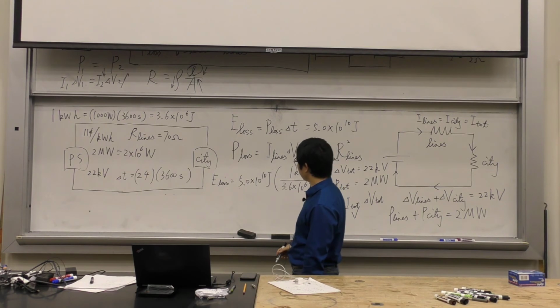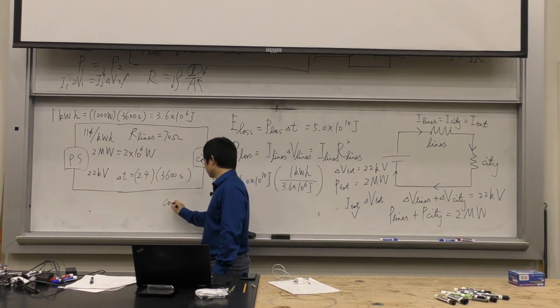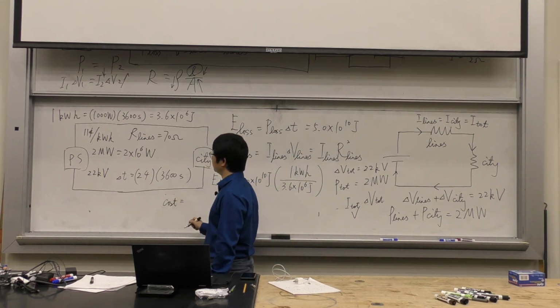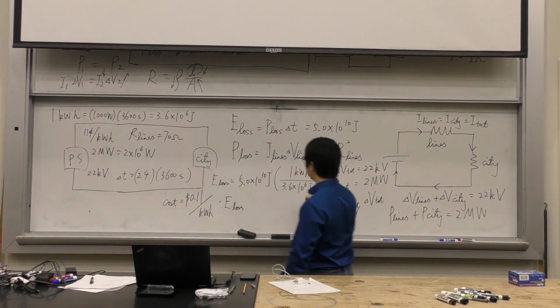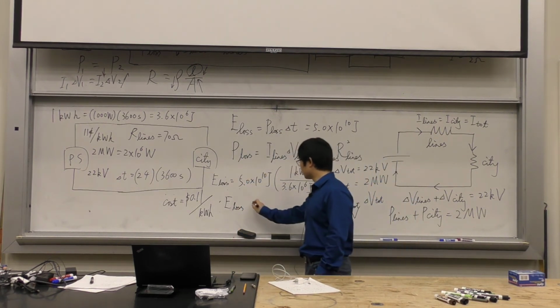And then you can multiply. So the cost is going to be 11 cents, which is $0.11 per kilowatt hour, times this energy loss in kilowatt hours, right? So you can multiply these two numbers.